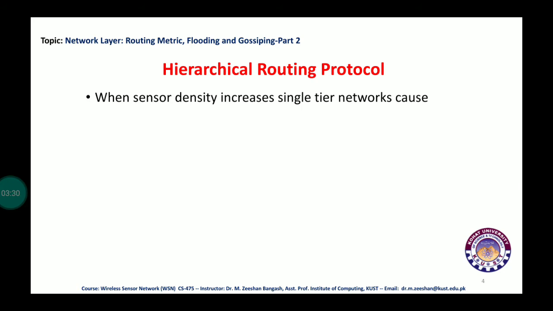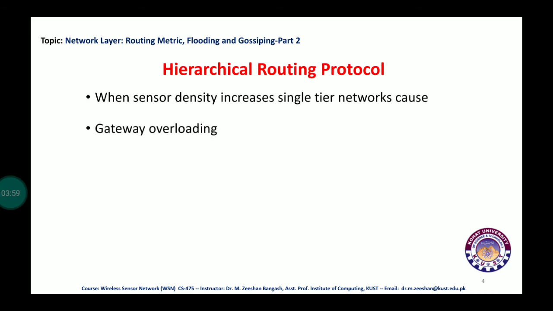However, why do we introduce a hierarchical routing protocol? The only feasible reply may be that when the density of any network, particularly a sensor network, increases, then in order to lower the complexity, this hierarchical model or hierarchical routing protocol is feasible.